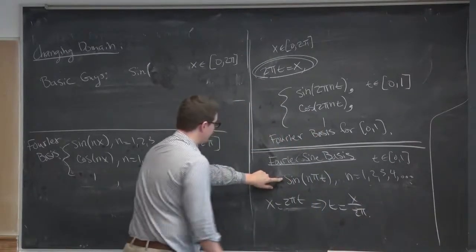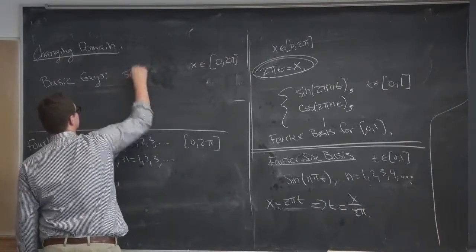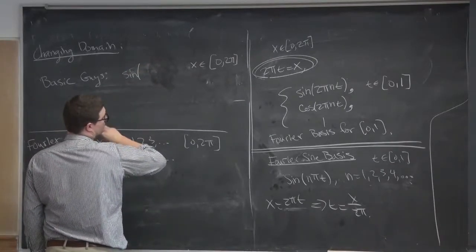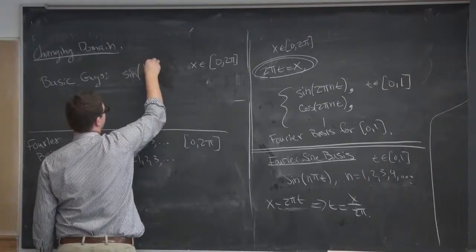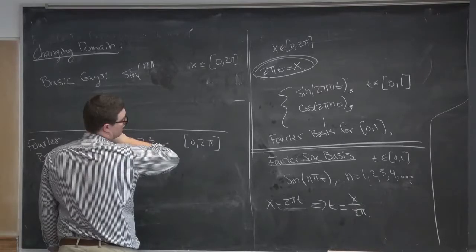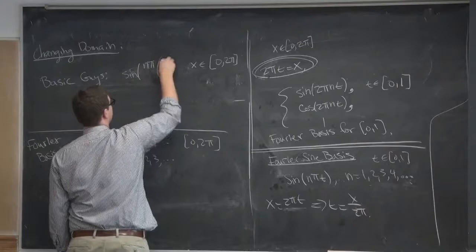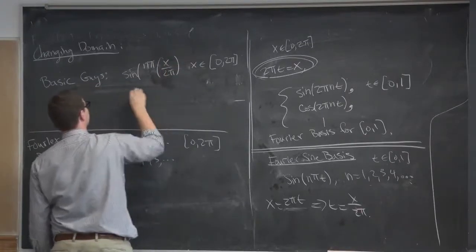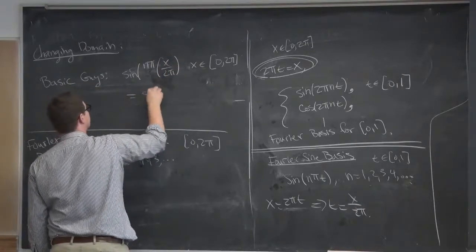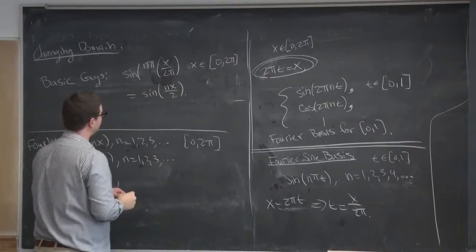So now from here to here, what do we get? So we get sine of n pi, and then we do x divided by 2 pi, right? And so this is equal to sine of nx over 2. Okay, so it was like that.